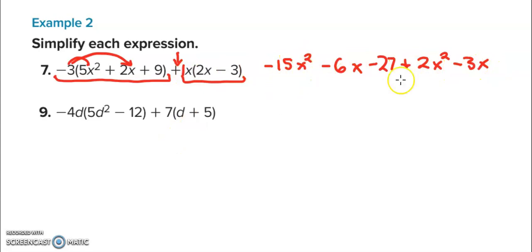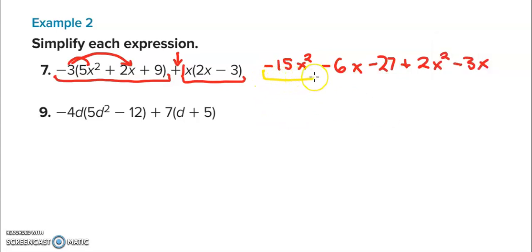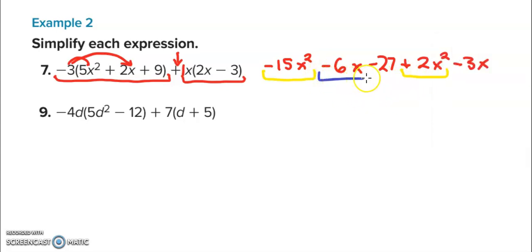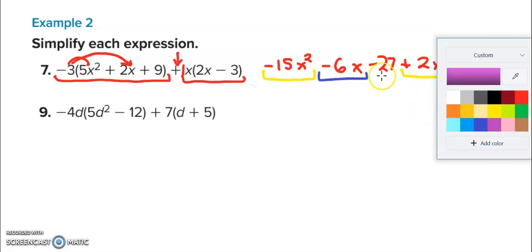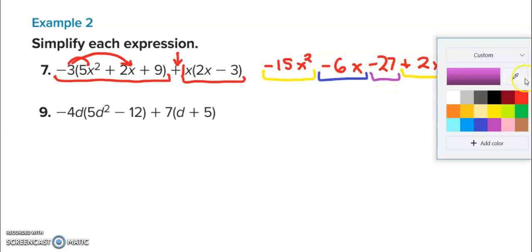Now we have to do that step where we can combine like terms here. So let's change colors here. So we've got a negative 15x squared and a positive 2x squared. We've got a negative 6x and a negative 3x. But then, of course, we've got this negative 27, which can't combine to anything.